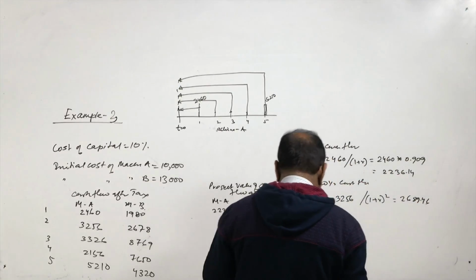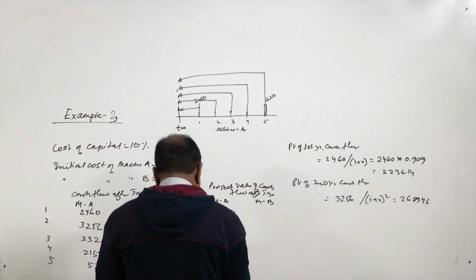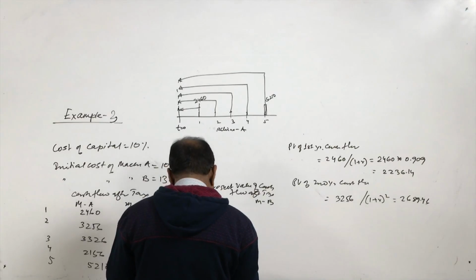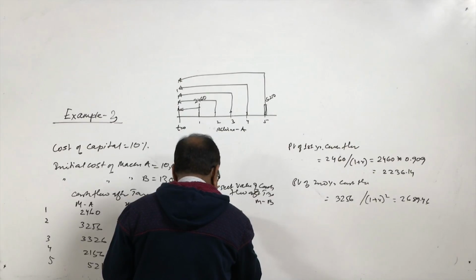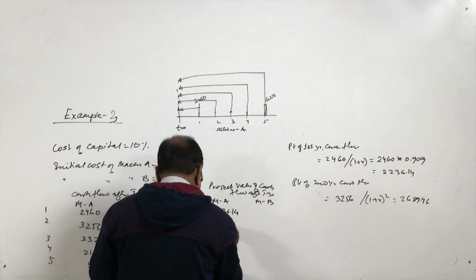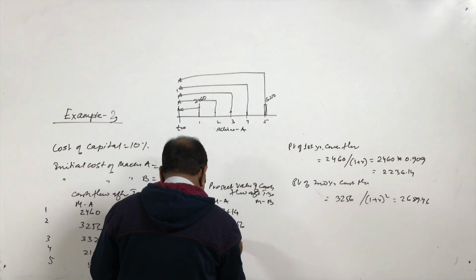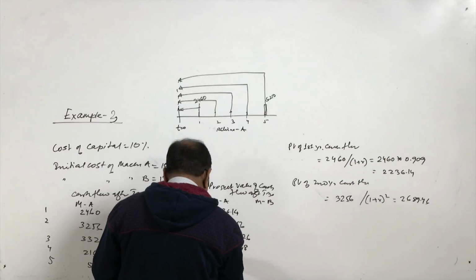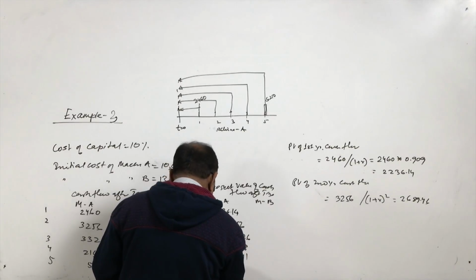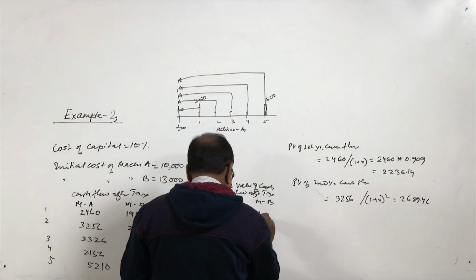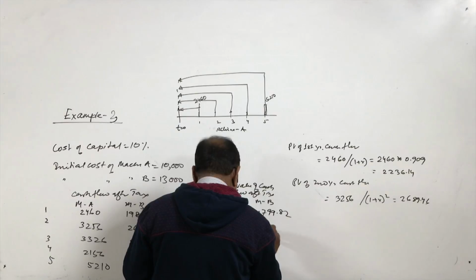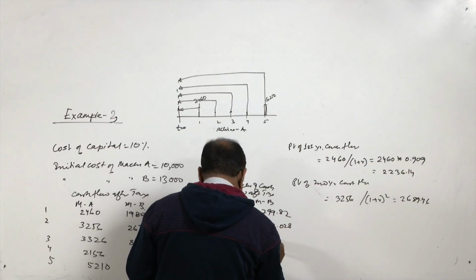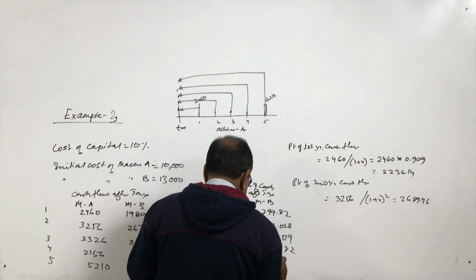Now, if I calculate for these, I can note down this is 2236.14, 2689.456, 2497.826, 1472.548 and 3235.41, and total comes out to be 12131.38. Similarly, for machine B this becomes 1799.82, 2212.028, 6585.519, 2682.724.